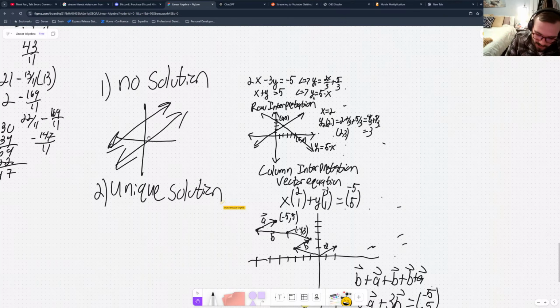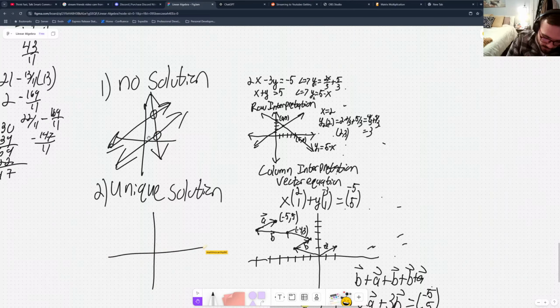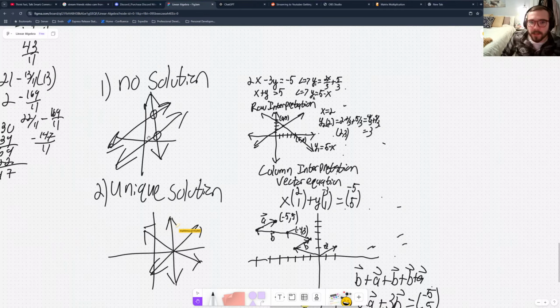And it's the same as if I had more than one line here. This would also have no solution, because although these two lines cross here and these two lines cross here, there's no point where all the lines cross. A unique solution would look like this. And that's typically what we're familiar with.